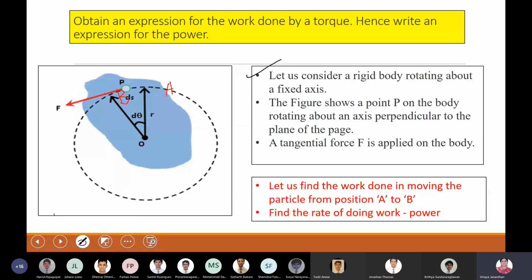Because the perpendicular distance becomes equal to 0, whatever force you apply will produce zero torque, and the body cannot rotate. If the body has to rotate, the force should be applied at a certain distance from the axis of rotation. So torque is a force which produces rotatory motion, and it is nothing but the force into the perpendicular distance.